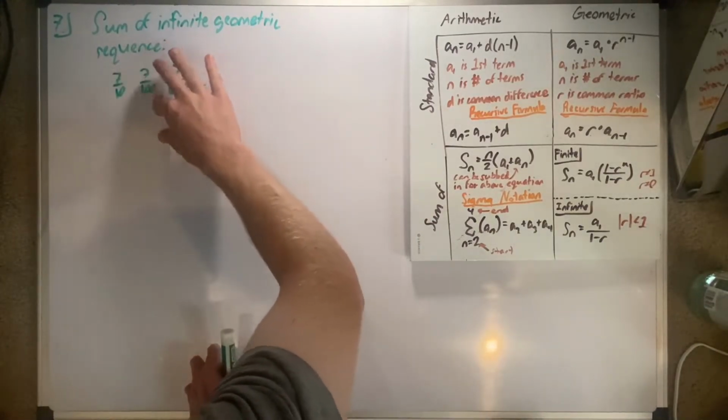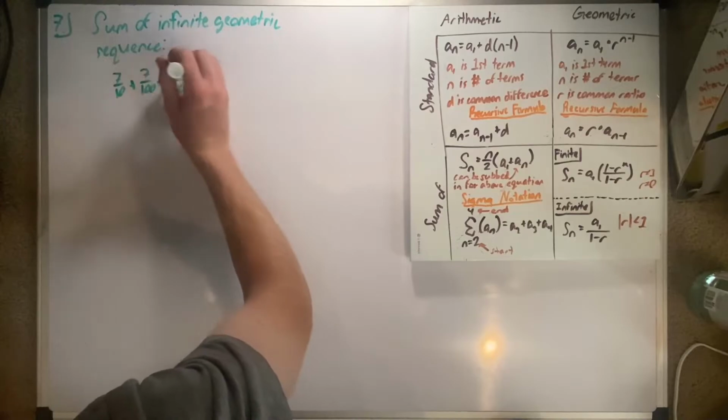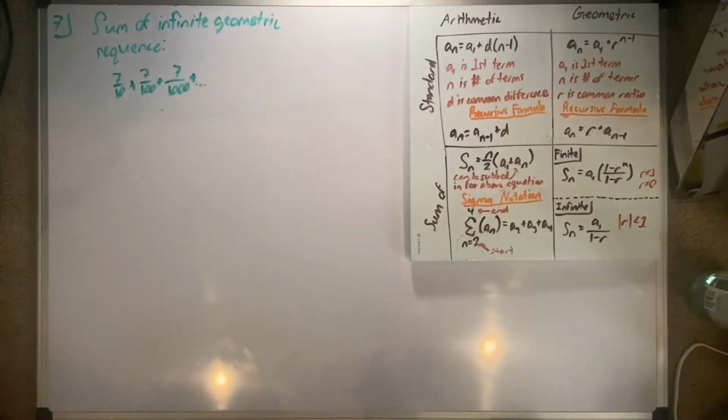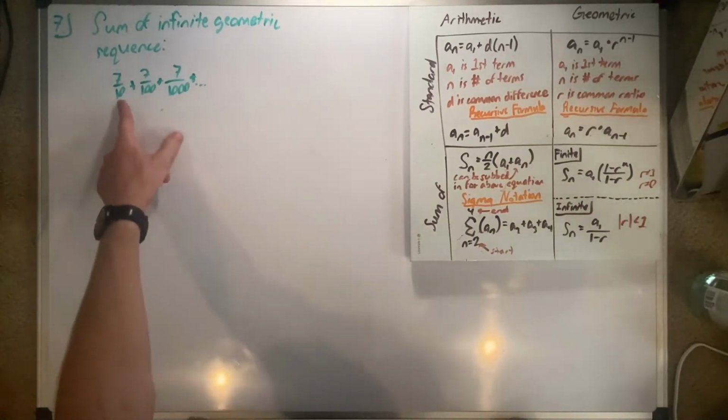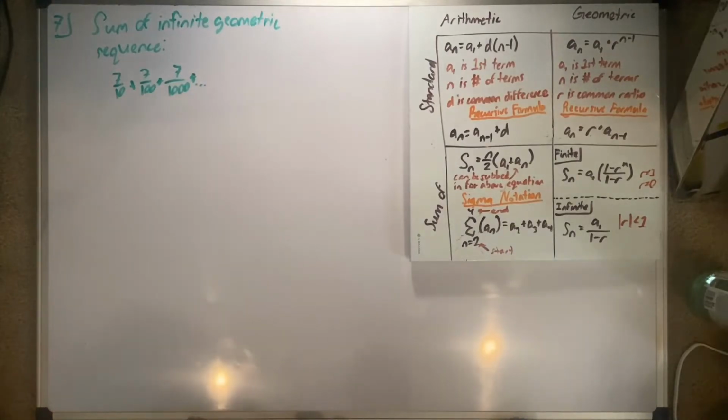And this is a sum, so these aren't actually commas, they're actually plus signs. We have an infinite geometric series here where what seems to change is how big the bottom number is. The top number does not change.